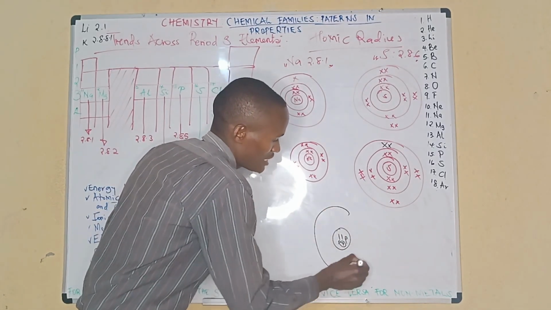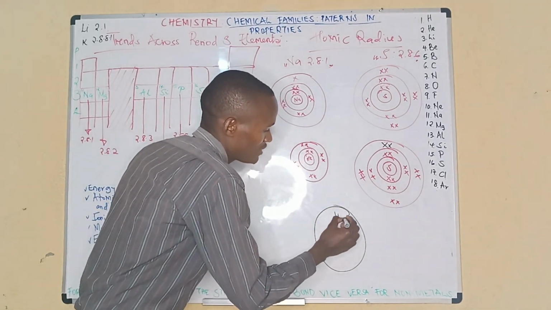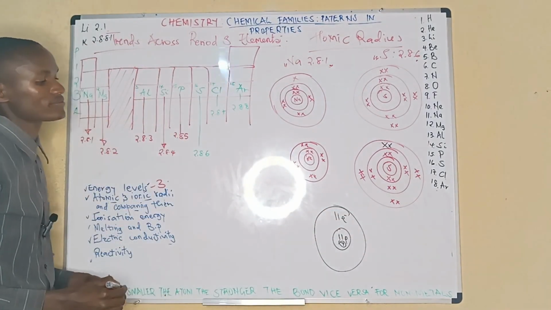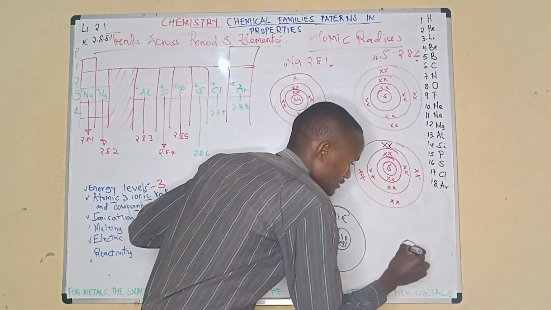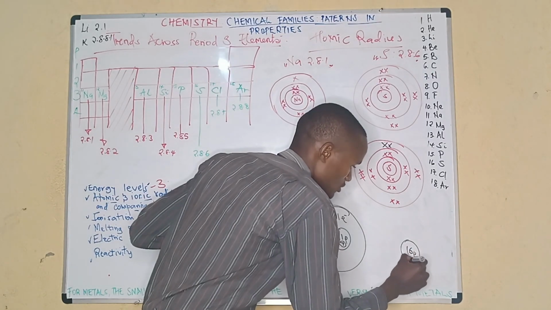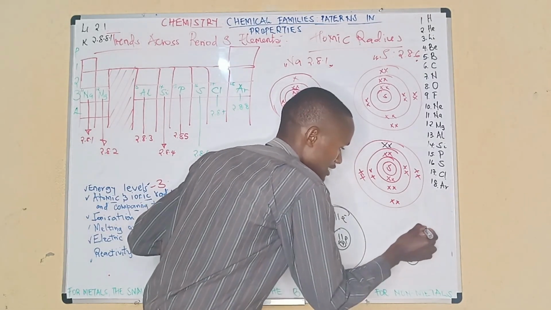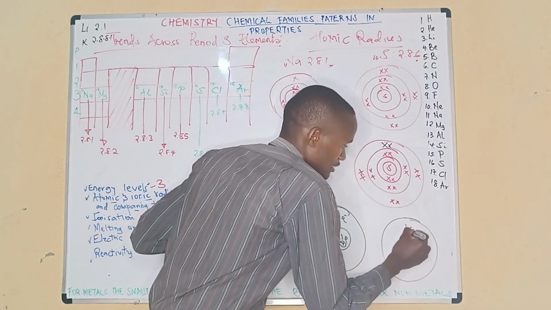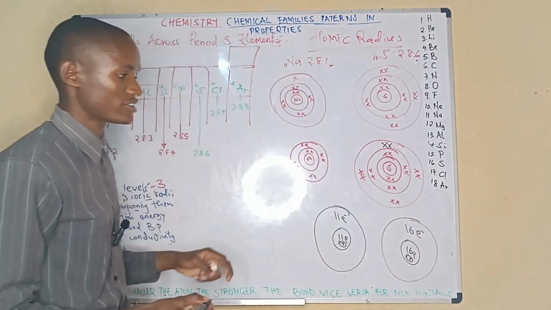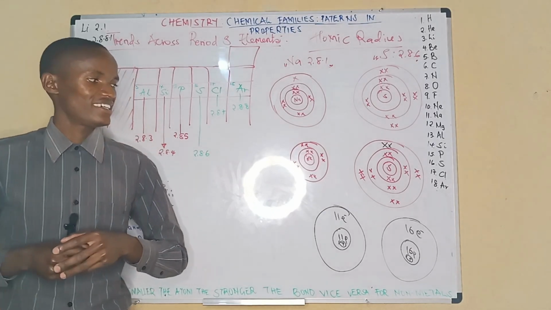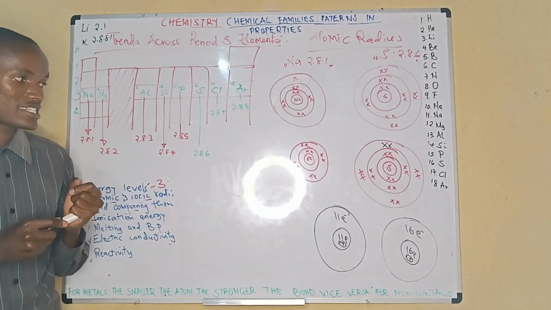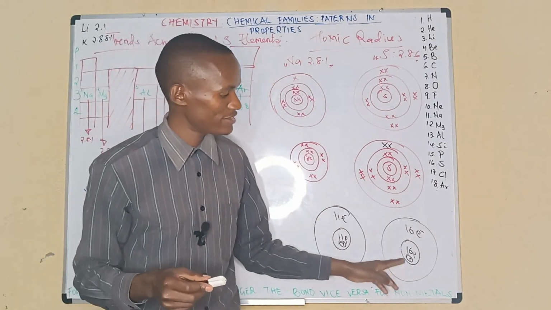And then we have these energy levels, which contain 11 electrons. Let us compare it to sulfur. Sulfur has 16 protons, or 16 positive charges, and then it has 16 negative charges, or electrons. Yes, both of them are balancing, and everyone can see that it is 11, 11, 16, 16.